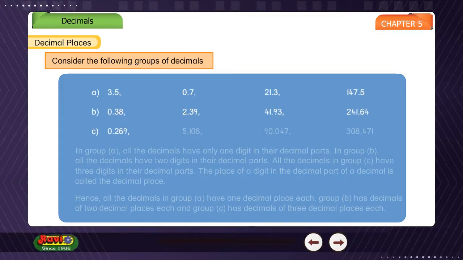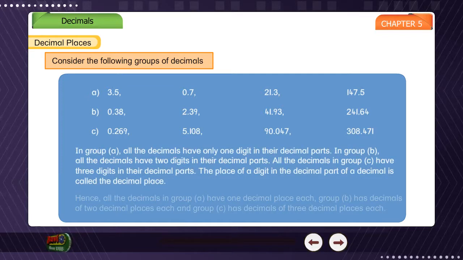C. 0.269, 5.108, 90.047, 308.471. In Group A, all the decimals have only one digit in their decimal parts.